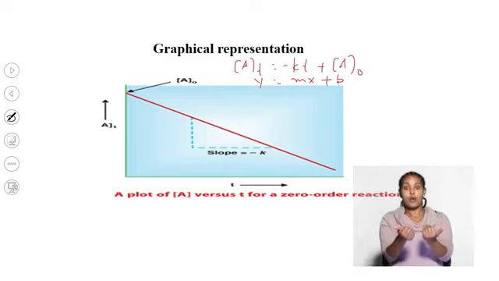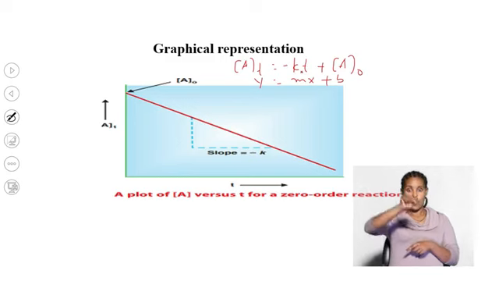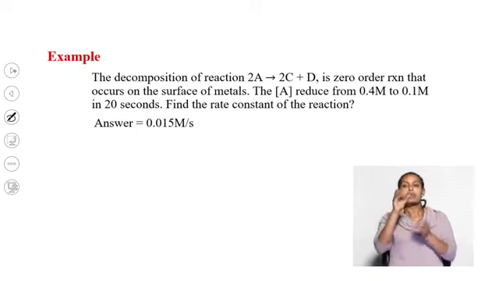A plot of concentration of A versus t is a straight line with slope minus k.